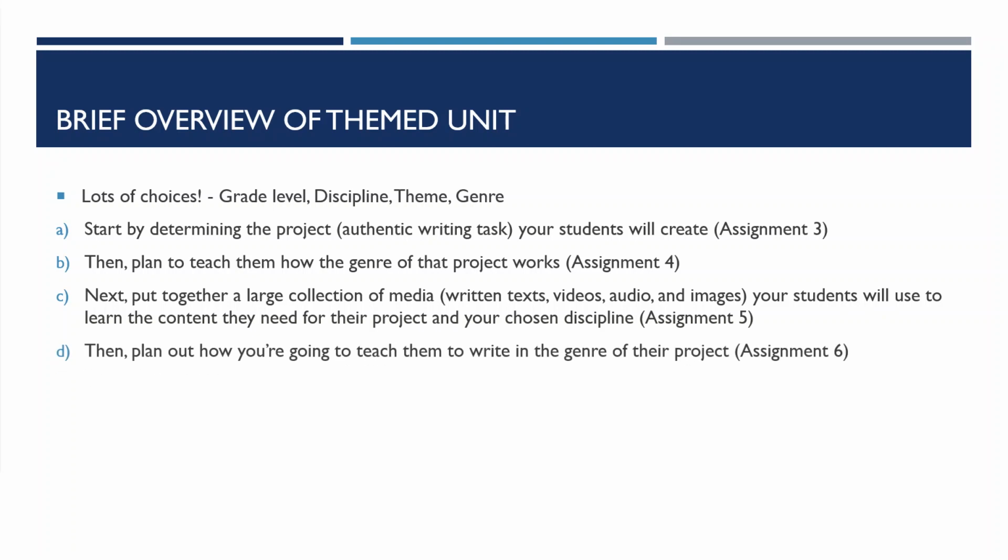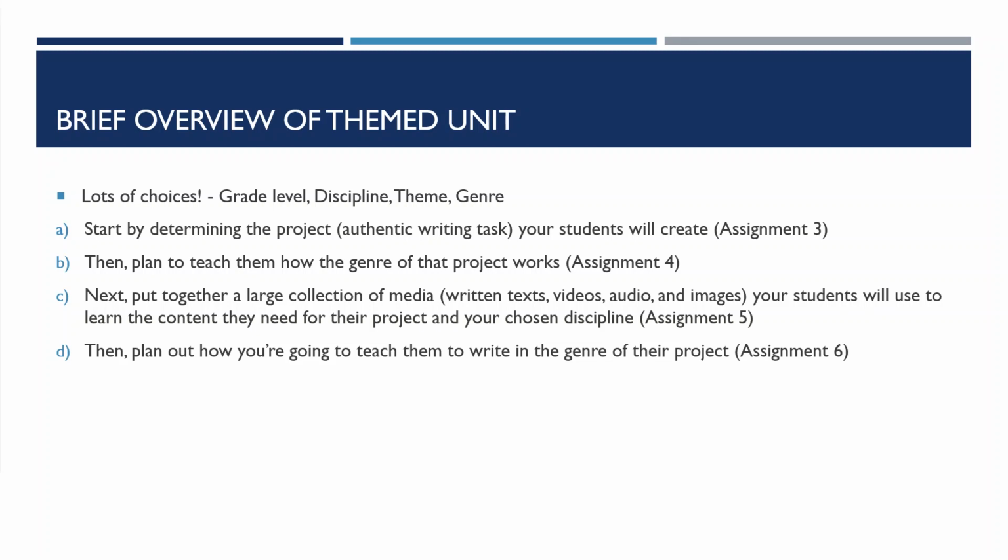Then you're going to plan out how you're going to teach them to write in the genre of their project. And so basically, this assignment 6 is called the Genre Specific Writing Unit Outline. And what I ask you to do is just make an outline, and I give you a template and everything, that shows me how you are going to get the students from maybe not ever having produced this genre before to understanding it.